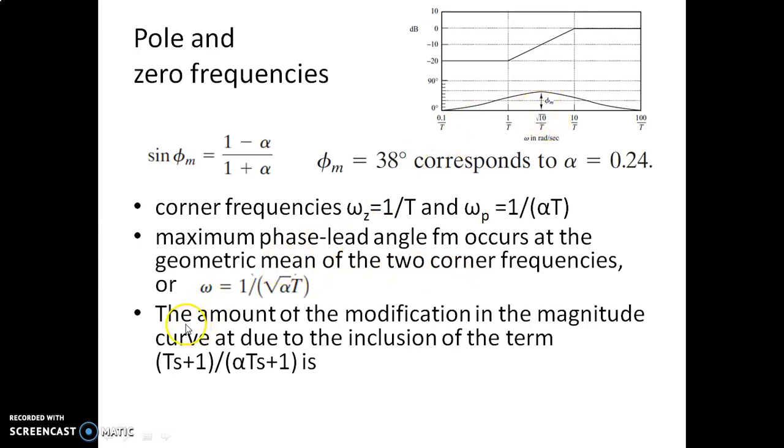We can find out the amount, because when we introduce this particular lead network, it will certainly change some magnitude of your Bode plot. So we'll see the effect of this by looking at the Bode plot.